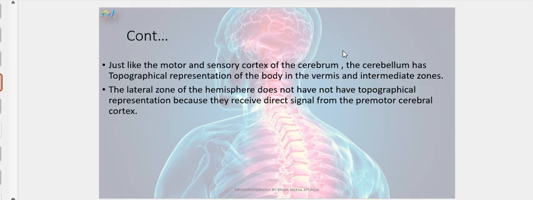So that is the spinocerebellum, or others might call it the paleocerebellum part of the cerebellum.